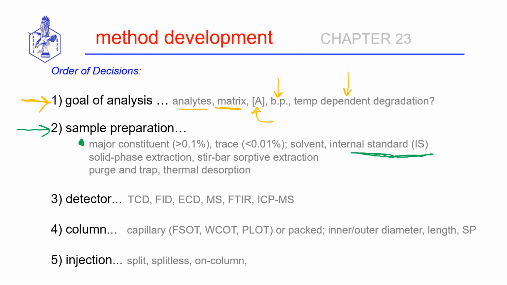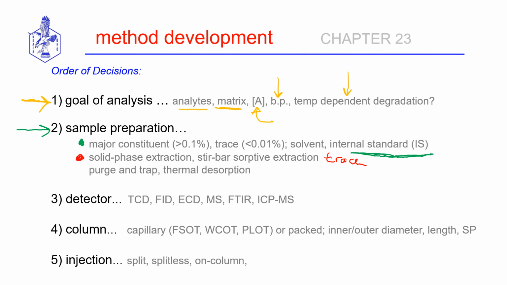So we can correct for those little difficult things that are impossible sometimes to reproduce within a tight window. The other thing we need to know is if we're dealing with trace quantities of substances, we may want to consider doing solid phase extraction or stir bar sorptive extraction if we, once again, are working at really low concentrations.